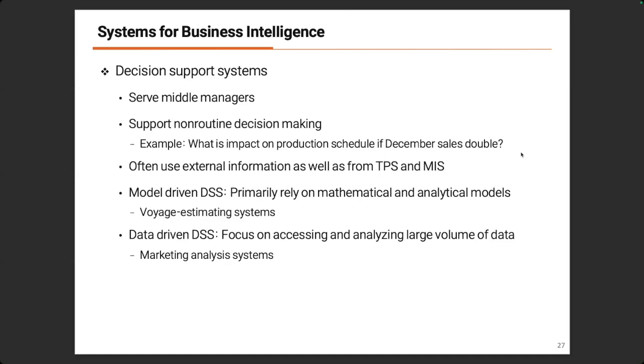For example, what is the impact on the production schedule if December sales double, or what would happen to our ROI, return on investment, if a factory schedule were delayed for 6 months? These kinds of questions are non-routine and more sophisticated to answer.